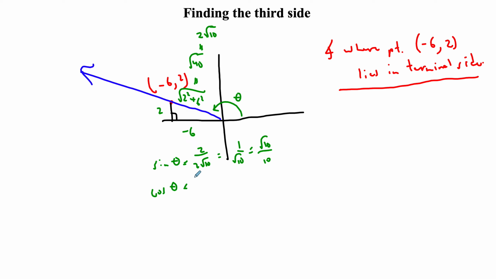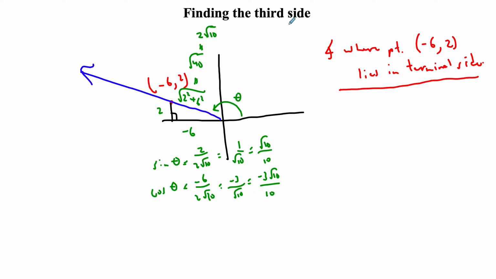The cosine would be negative 6 over 2 root 10, aka negative 3 over root 10, or negative 3 root 10 over 10 when we rationalize it, and so on. The tangent would be easier. It'd be 2 over negative 6, or negative 1/3. You can take the reciprocal of these to find the cosecant, secant, and cotangent, if you will.